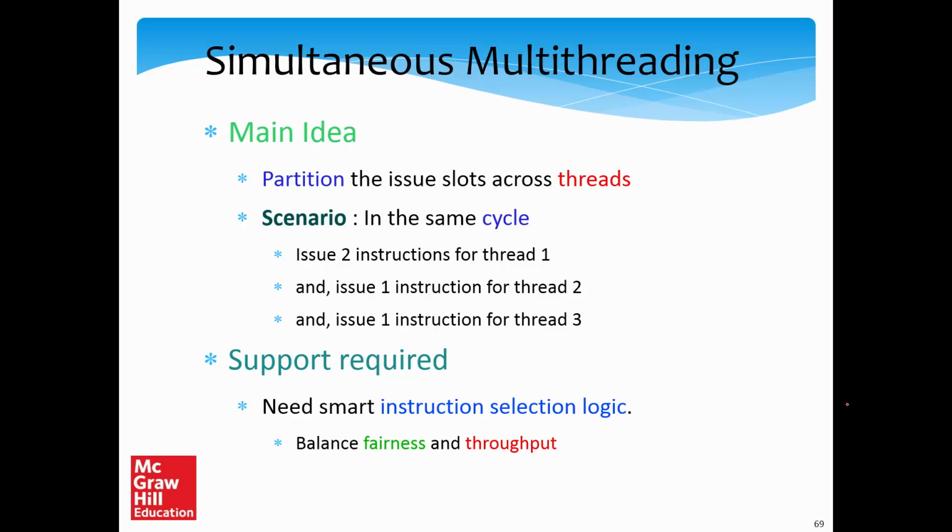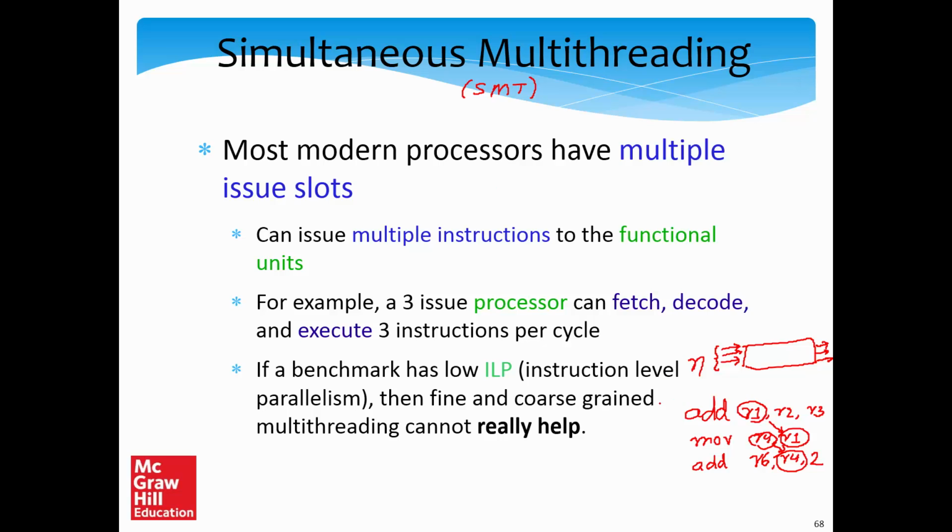So let us look at the main idea of SMT. So what we do is that if we have an issue processor, we partition the issue slots among threads. So let me go back to the previous example. So here in this thread, we have low ILP. So what's happening is that we have the instructions are totally dependent on each other, right? So if that is the case, then we can always do one thing.